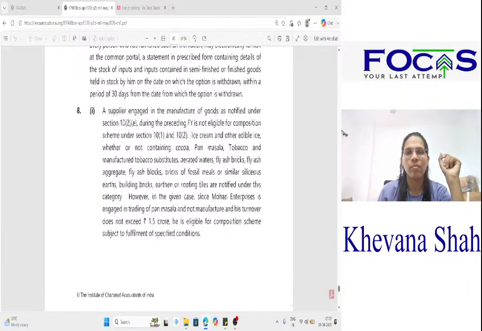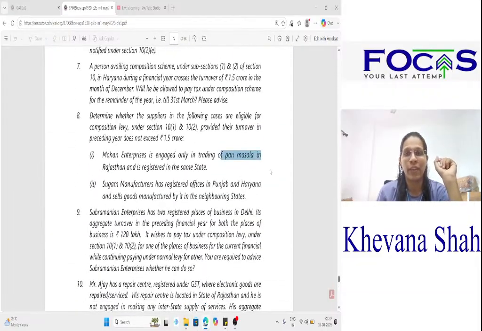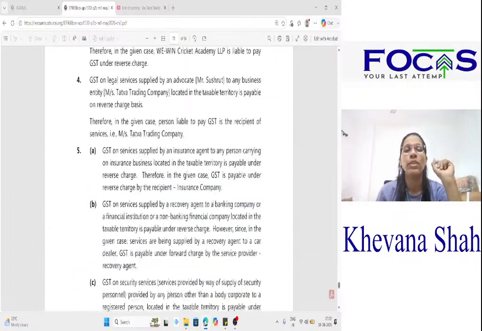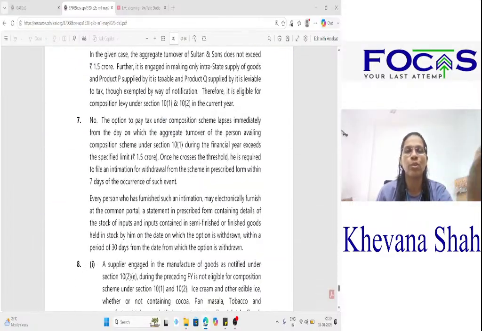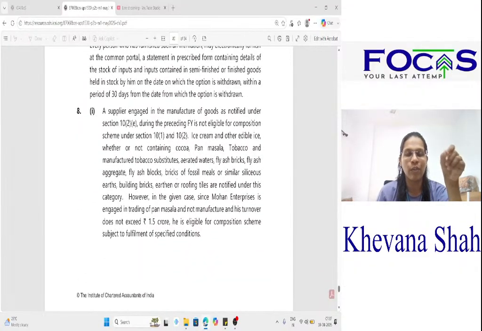Now here in the question, we are not given manufacturer, we are given trading. Please highlight this word trading. Since you are only trading in these goods, you will be eligible for your composition scheme. However, in the given case, since Mohan Enterprises is engaged in trading of pan masala and not manufacture, you can highlight this, and its turnover does not exceed 1.5 crores.